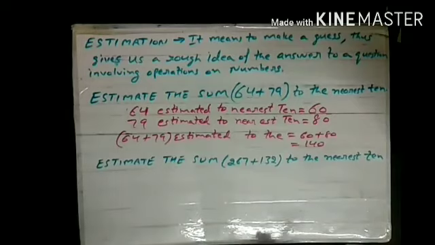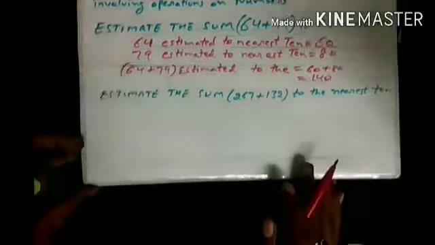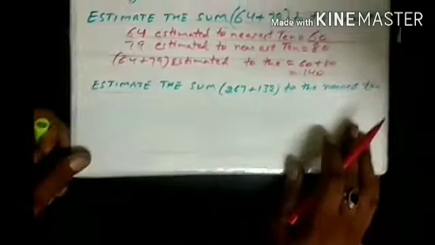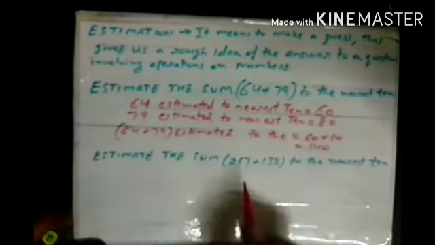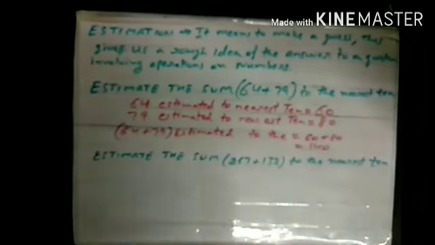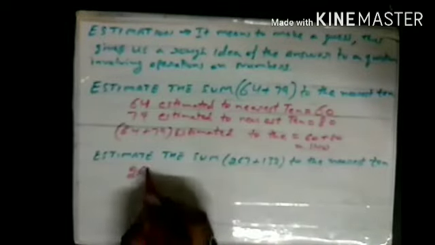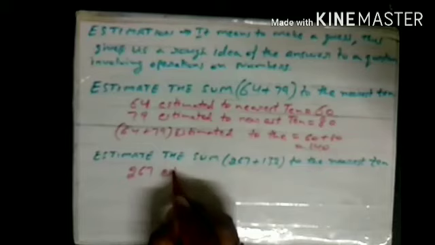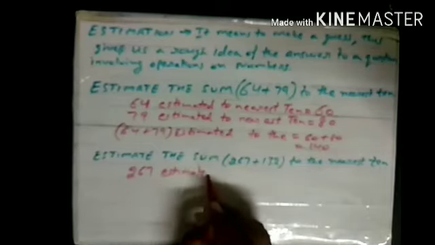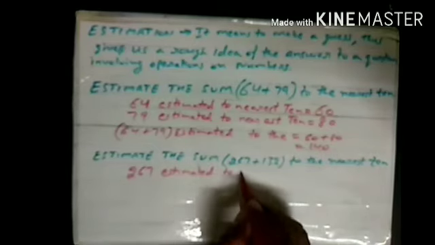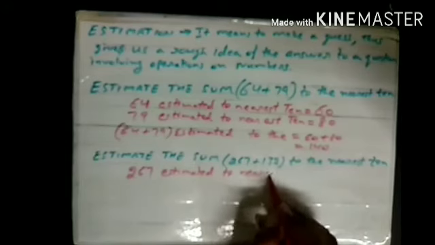Those are based on the rounding of the numbers. Now the second question is, estimate the sum 267 plus 132 to the nearest 10. Now again 267 estimated to the nearest 10.